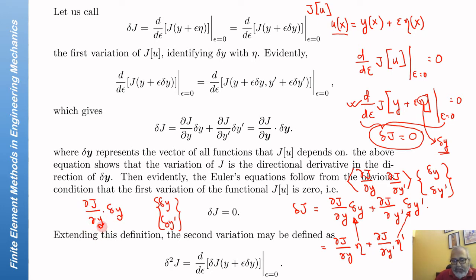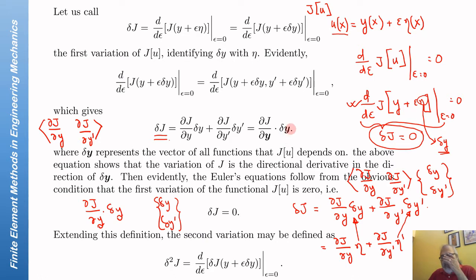Del J del y, with a vector y, is a set of derivatives with respect to the functions that J depends on. That is, this is del J del y and del J del y prime, and this dot product is what we can write it as. So from here you can see that delta J is actually the directional derivative of J in the direction of delta y.